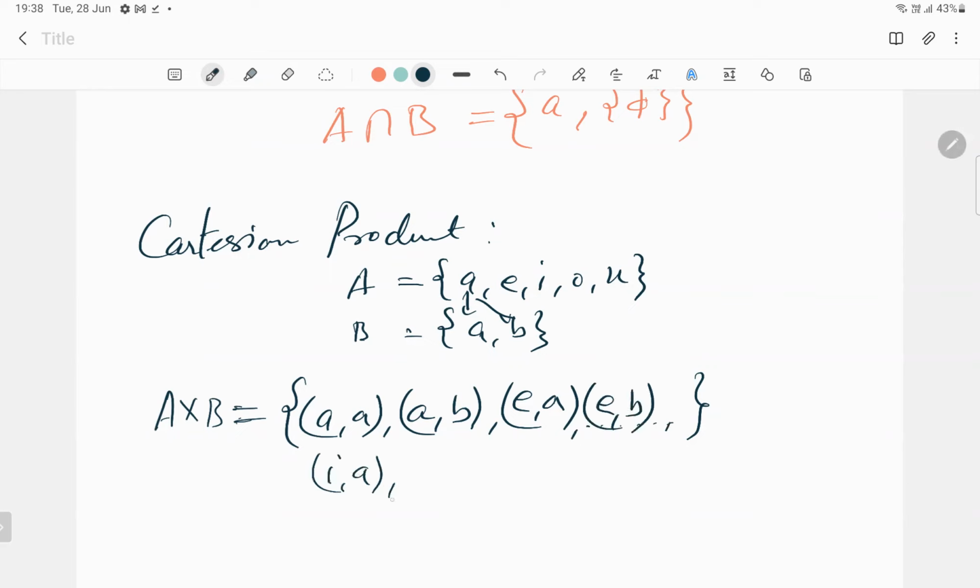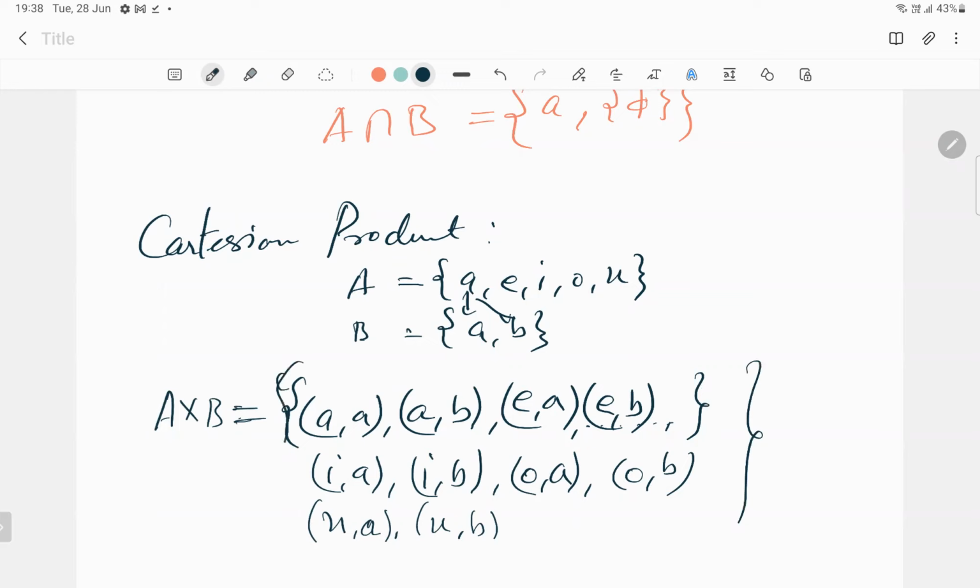IA, IB, then OA, OB, UA, and UB. All right. I am not sure if this is in the answer, but still you should know how to write a Cartesian product.